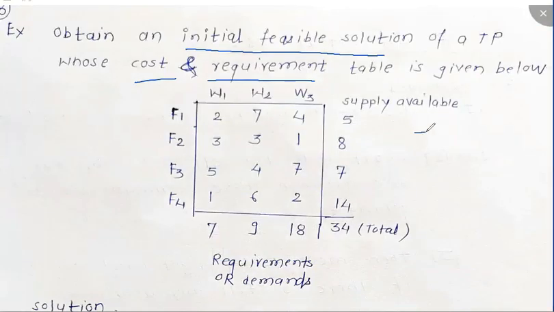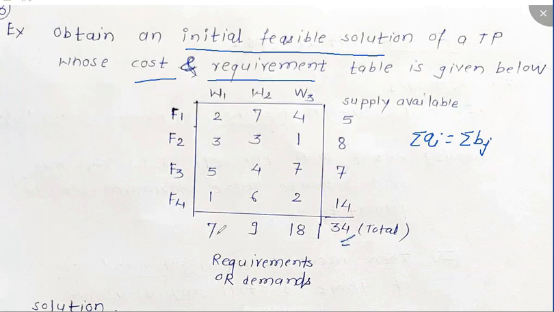We want total supply available to be equal to the total requirement. So what is the supply available here? 14 plus 7, 21 plus 8, 29 plus 5, 34.